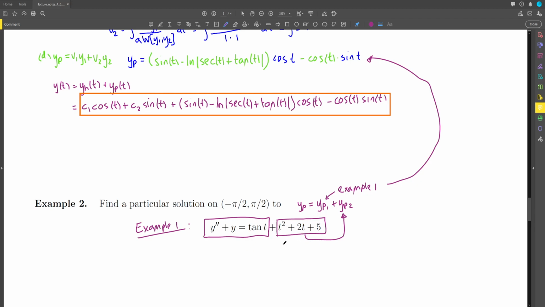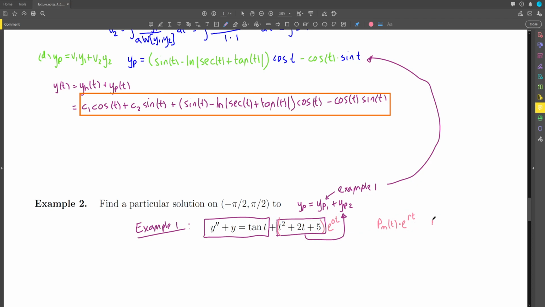So what we need to do is compare t squared plus 2t plus 5 with the general form on the right-hand side. Remember, that is a polynomial in t times e to the power rt. When we compare this, we can think of this as t squared plus 2t plus 5 times e to the power 0t.